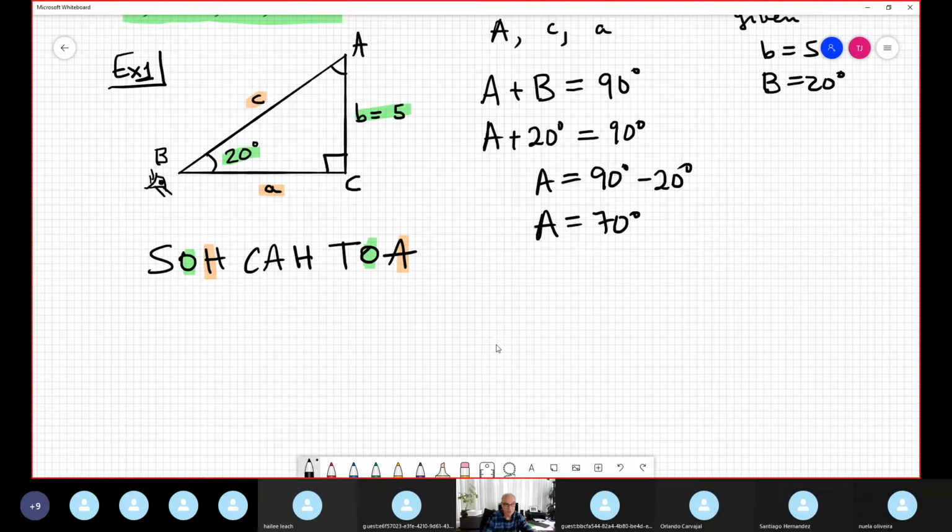Well, in the first one here, we have the adjacent. No, we have no information. Hypotenuse, we have no. So in what trigonometric function do we have information? In cosine, no. Do you see? Tangent.